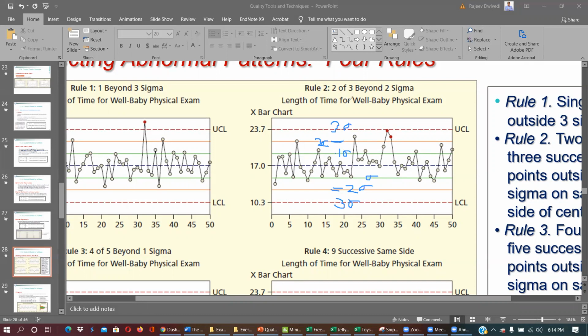So 2 of 3 beyond 2 sigma length of the time. Basically these 2 are beyond 2 sigma. This is rule number 2. Now look into the third rule. So we have 4 rules.